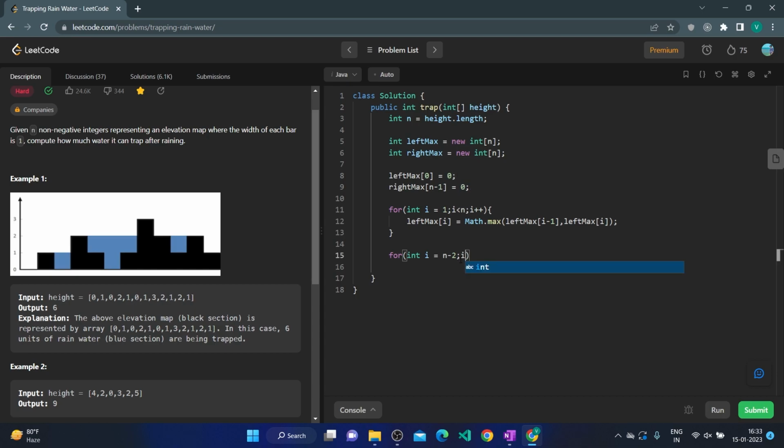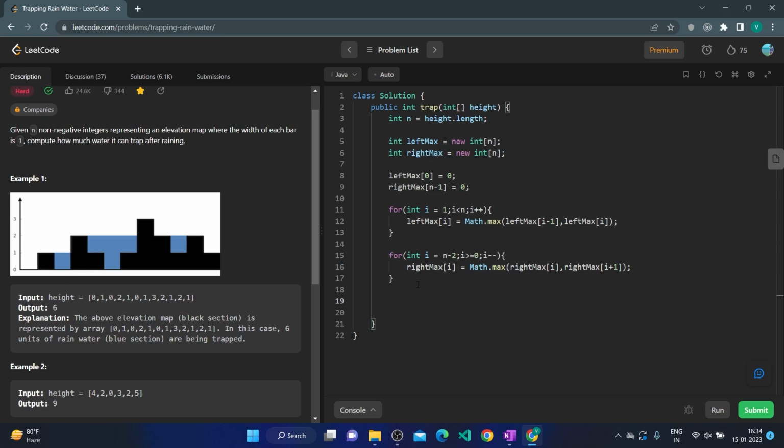Now we will continue till i is greater than or equal to 0, and each time we'll just decrement i, and now the right max of the ith element will always be the max of the current element or the element which is ahead, the right max of i plus 1. Now we have our left max and right max for all the elements.